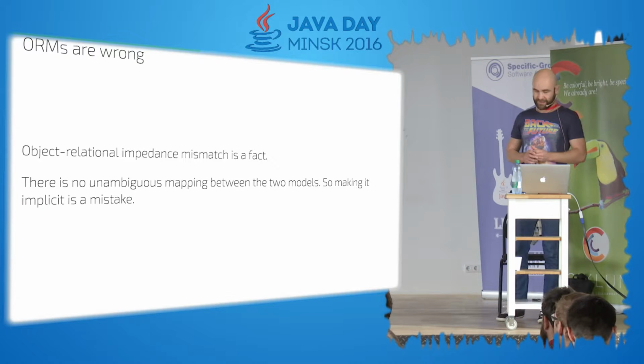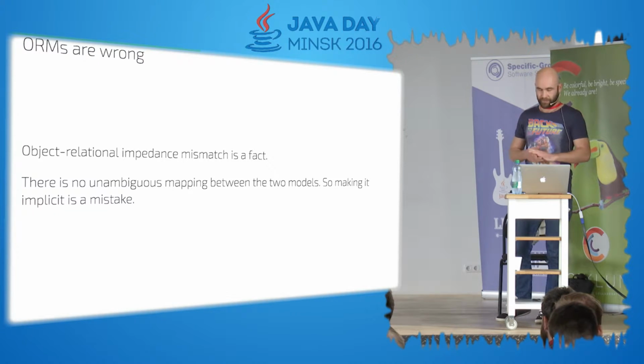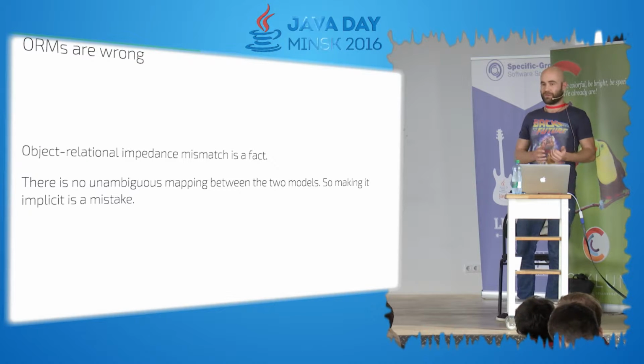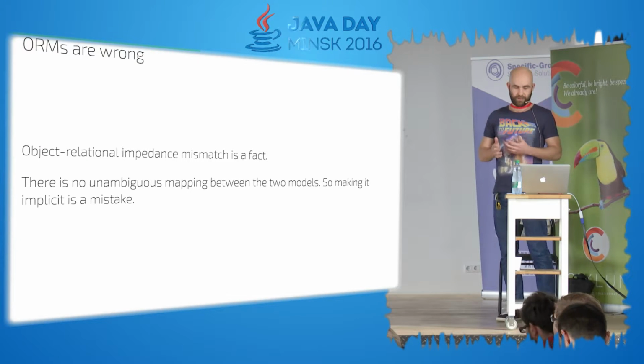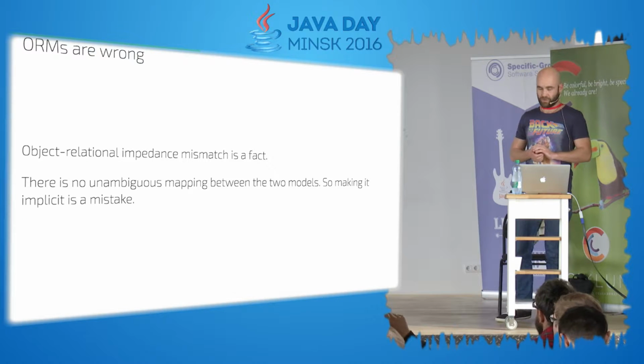And this means that there is no unambiguous way to map between those two models. Whenever things start getting complicated, I mean, whenever you have a collection introduced on the Java side or a joining of several tables, things start getting messy whenever you use an ORM.